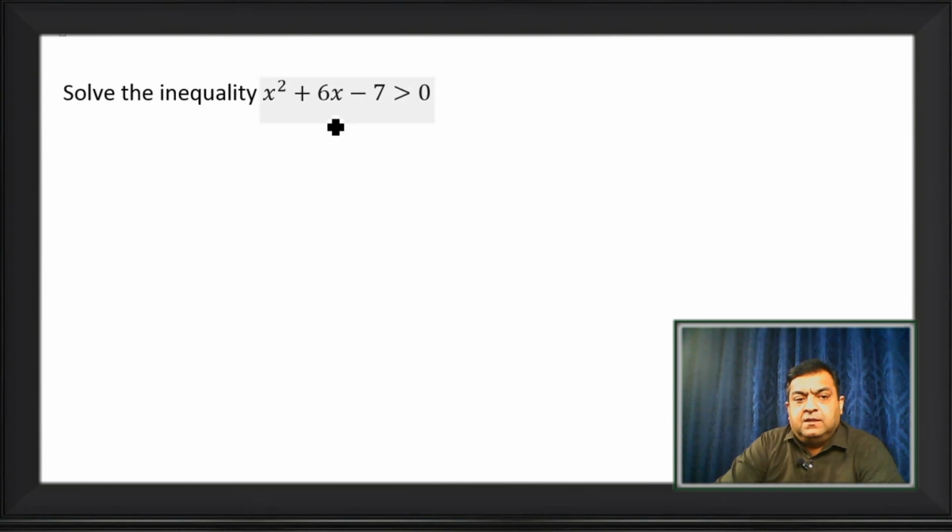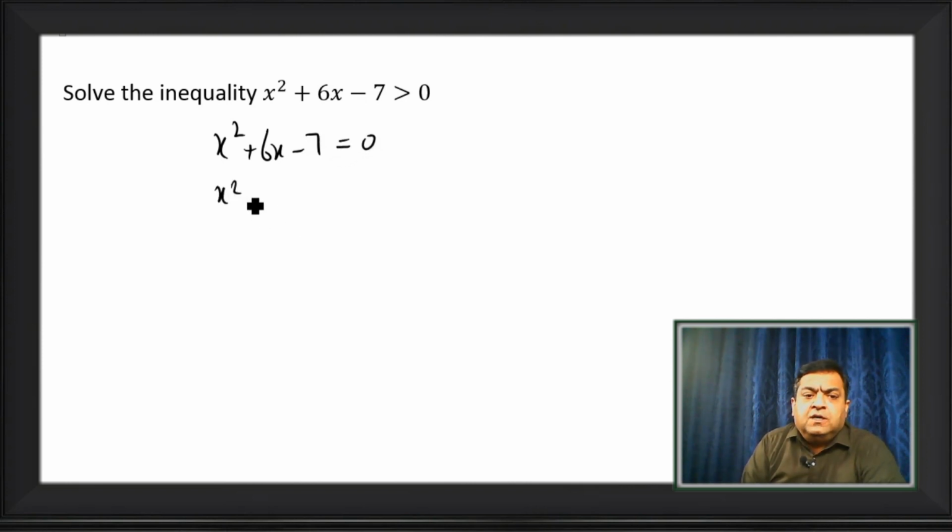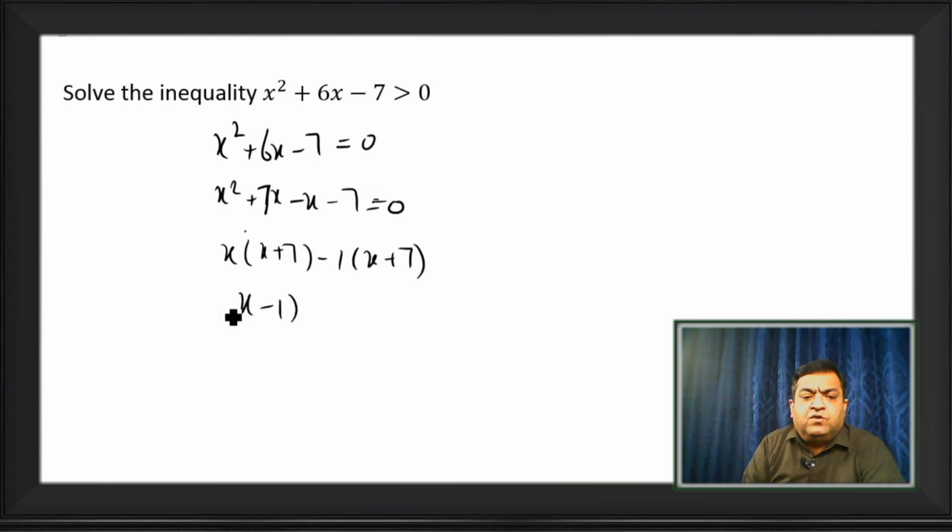Another question regarding a quadratic inequality. x² + 6x - 7 > 0. I will put it equal to 0, and I will break the middle term: +7x - x - 7. So I will get x(x + 7) - 1(x + 7), which is (x - 1)(x + 7).